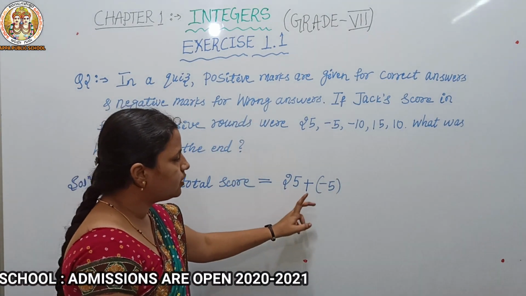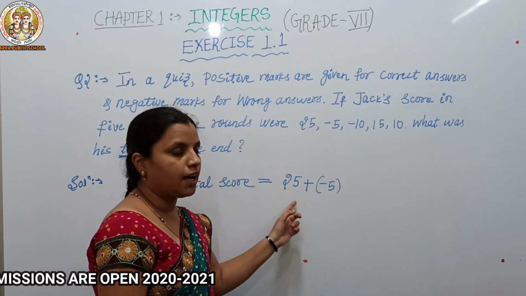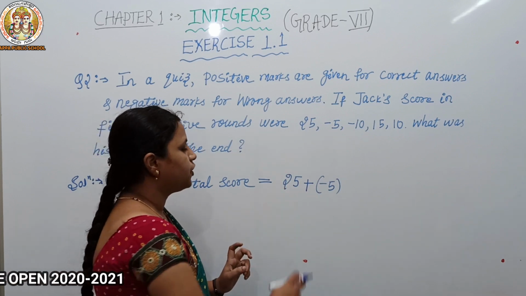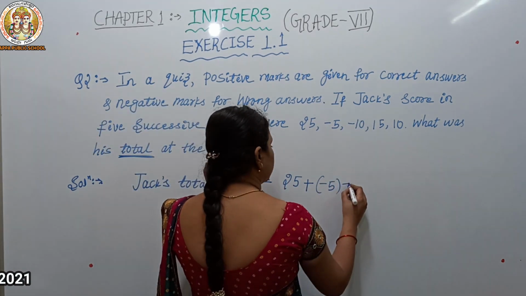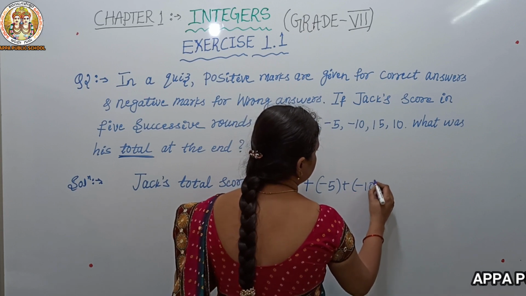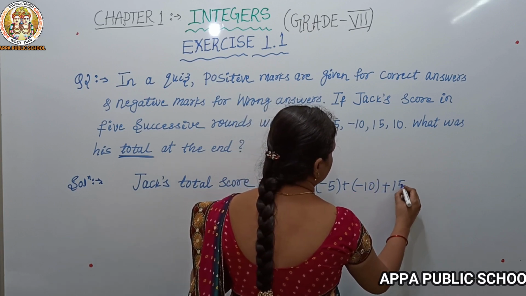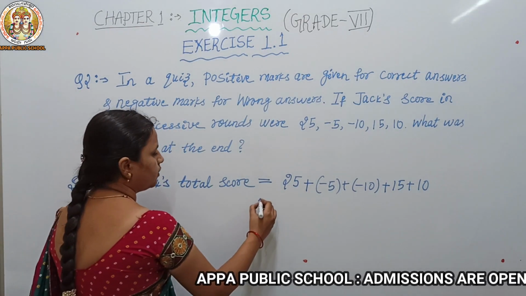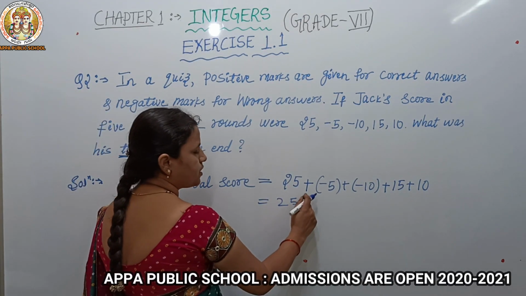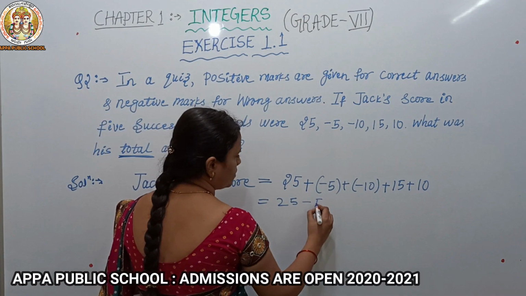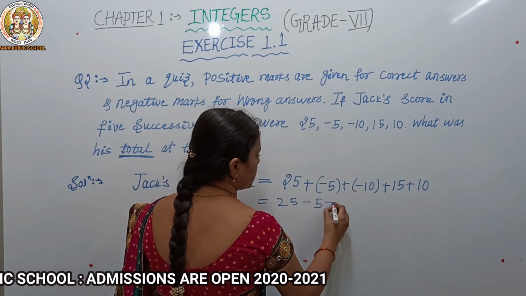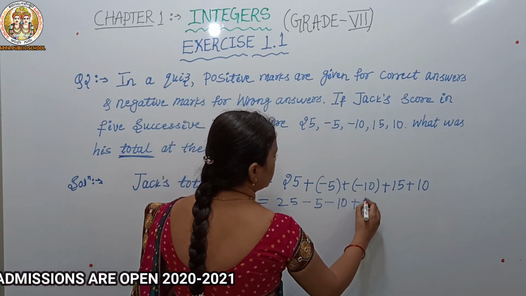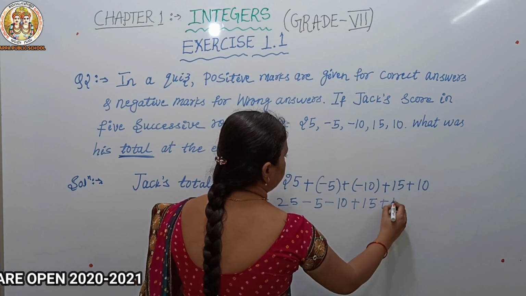Don't write the two signs at a time without the bracket. You must ensure to use the bracket. Plus minus 10 plus 15 plus 10. Now see here, 25 plus into minus as minus, again plus into minus, minus, plus 15 plus 10.